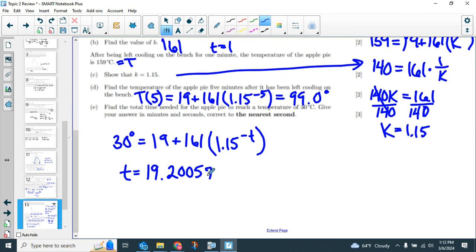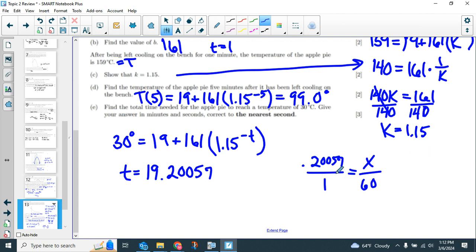How can I turn this into seconds? Well, I know that 0.20057, technically you could do the whole thing, but this should be sufficient. Something over 1 has to equal what over 60?